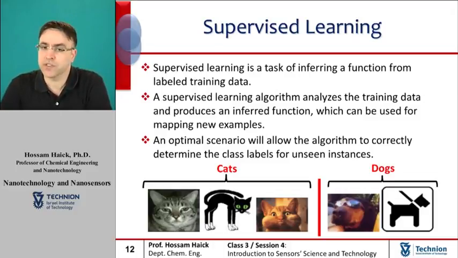A wide range of supervised learning algorithms is available, each with its pros and cons. There is no single learning algorithm that works best on all supervised learning problems. Therefore, one has to tailor the algorithms according to the targeted application of interest.